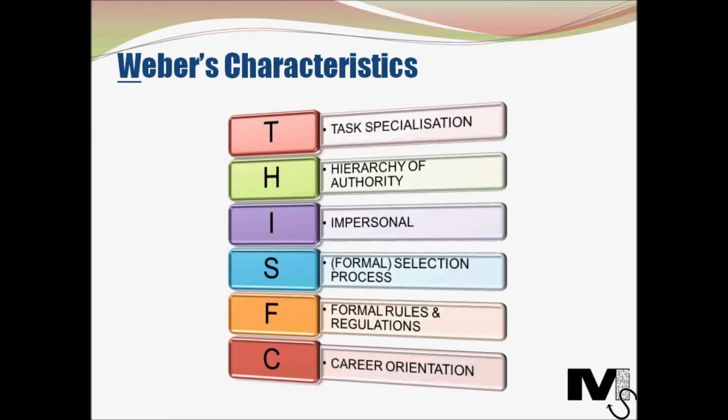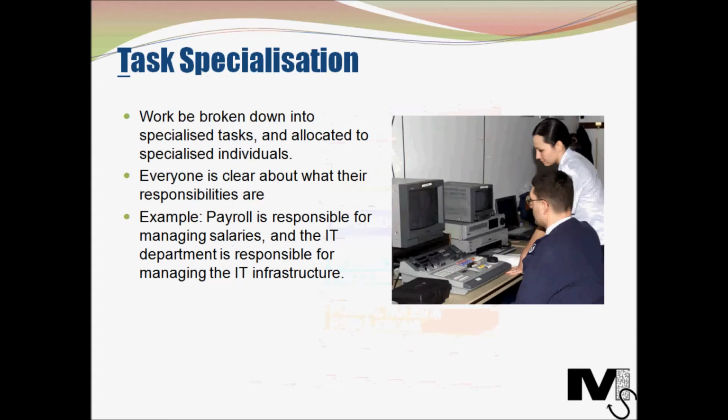So T from task specialization, H from hierarchy of authority, I from impersonal, and so on. And what this forms is THISFC, which is this FC, which is football club. So this football club can be one of the ways of actually remembering all of these characteristics if you're preparing for an exam.